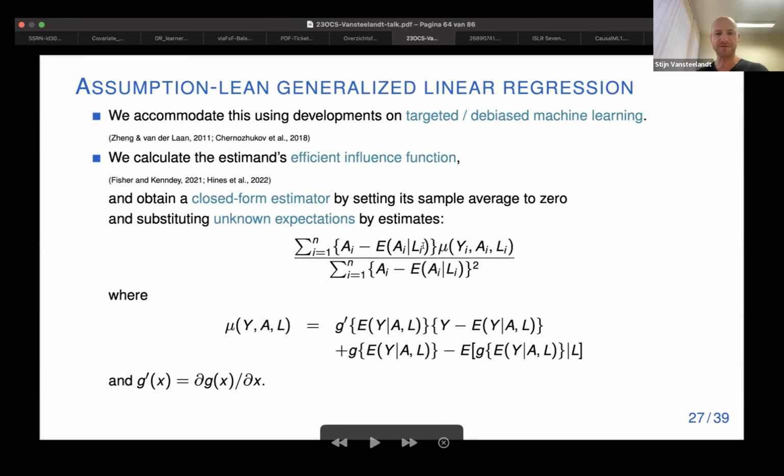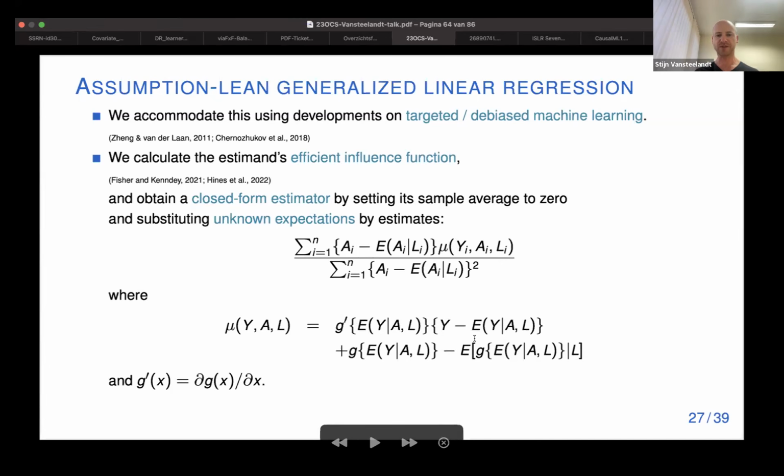Here you can see for the generalized linear model analysis how the estimator would look. We get the residuals in the exposure and then multiply by this function mu, which involves residuals from the outcome, multiplied by the first-order derivative of the link function evaluated at the mean outcome.